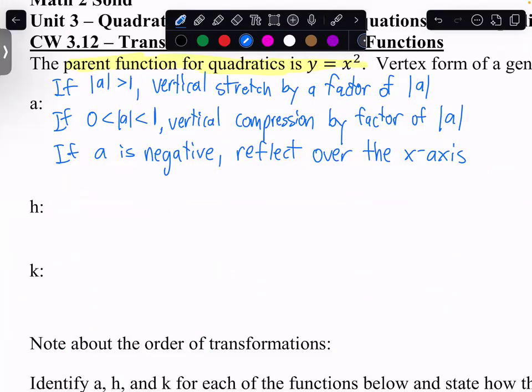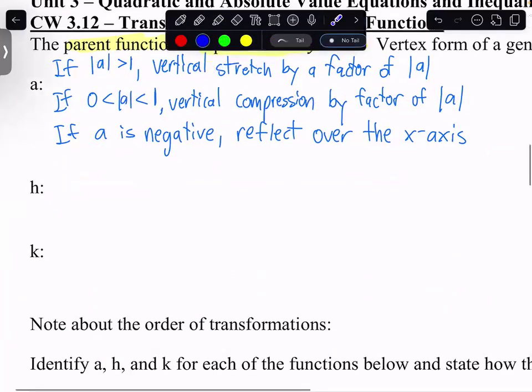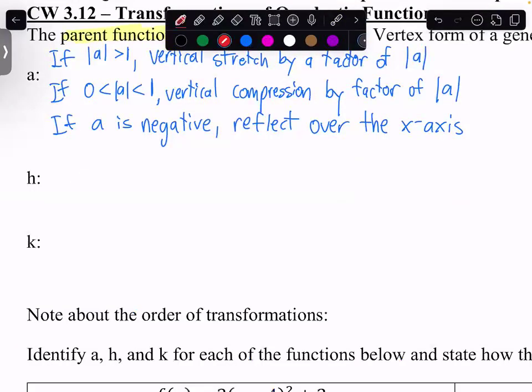If A is negative, that means you've reflected over the x-axis, which essentially means you flip it upside down. And then if A has a number that's not 1, you either vertical stretch or vertical compress. Okay, so the good news is it's only A that's that complicated. H and K are simpler.